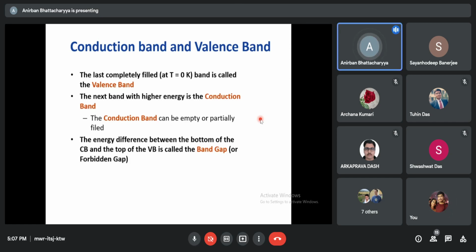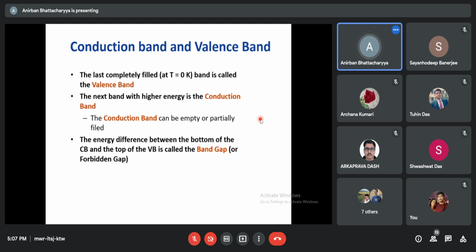Why? How do you link partially filled and your statement? What is the link? Basically, it's one more step. What you are saying is correct, but you're missing one step.